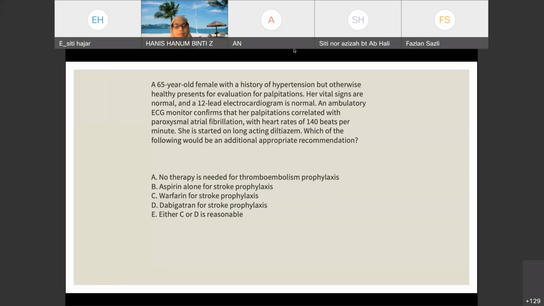Her vital signs are normal and a 12-lead electrocardiogram is normal. An ambulatory ECG monitor confirms that her palpitation correlated with paroxysmal atrial fibrillation with heart rates of 150 beats per minute. She is started on long-acting diltiazem. Which of the following would be an additional appropriate recommendation?